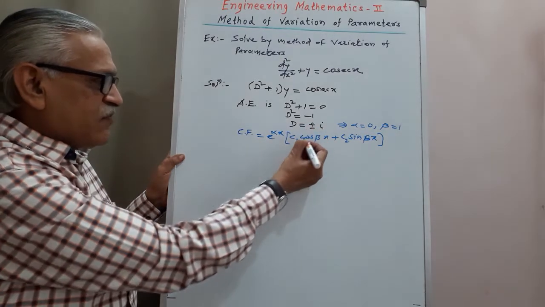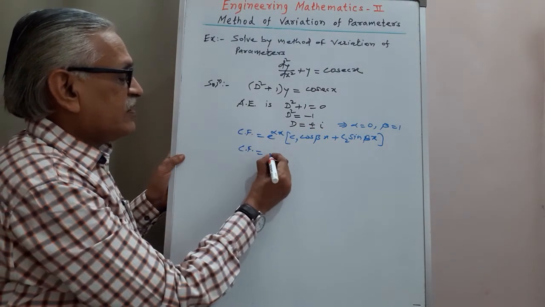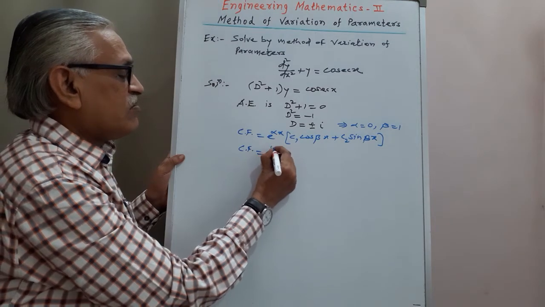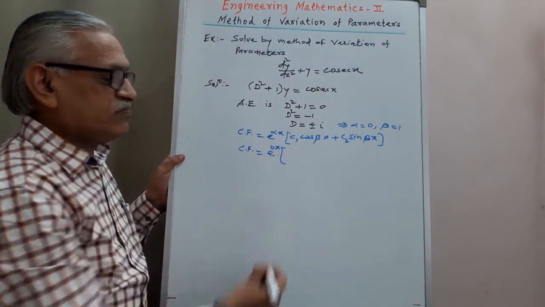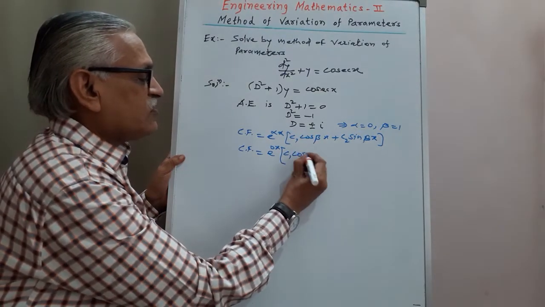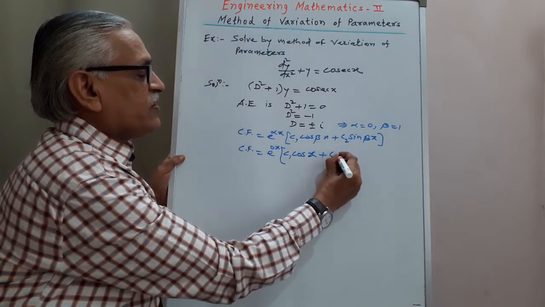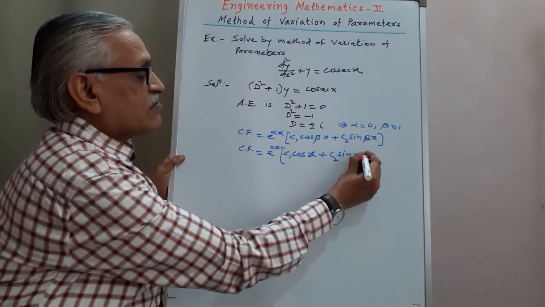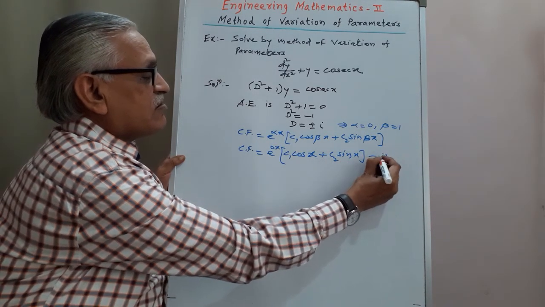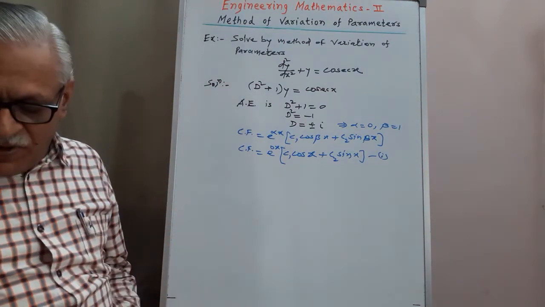Substituting these values, we get the complementary function as e raised to 0 x, which is 1, so c1 cos x plus c2 sin x.